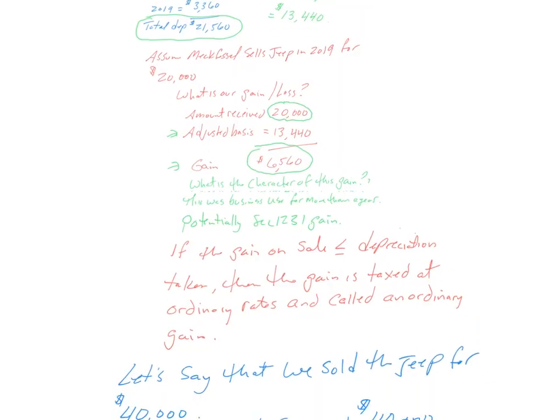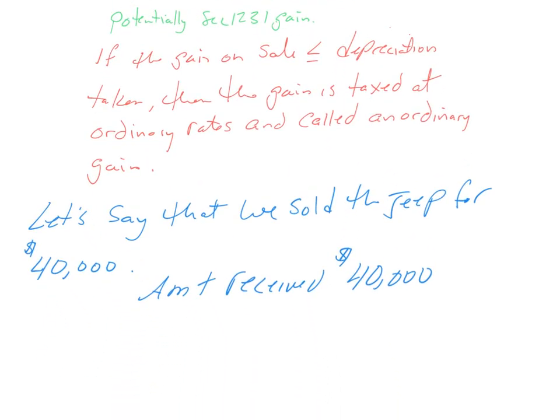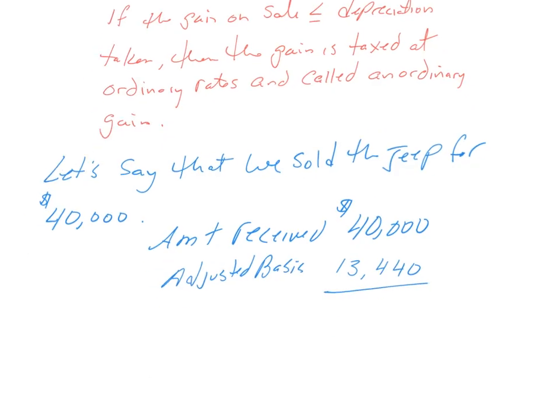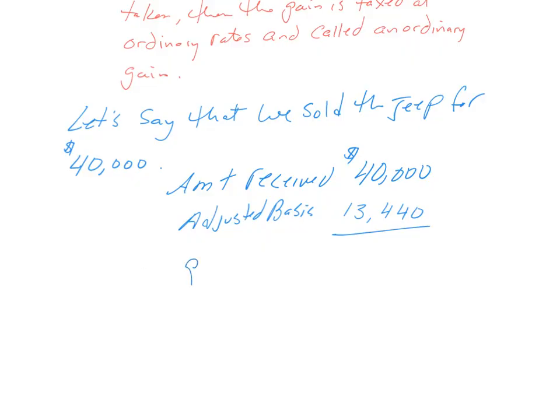What was our adjusted basis? We're going to assume the same adjusted basis, same depreciation. So now our gain is $26,560.